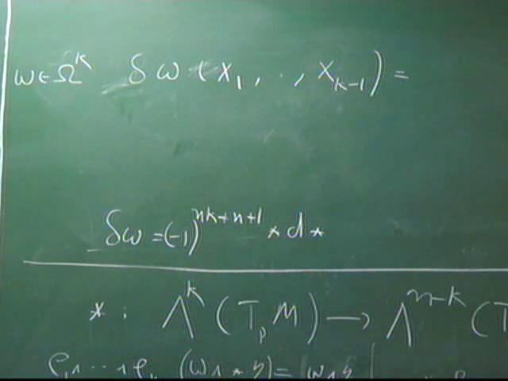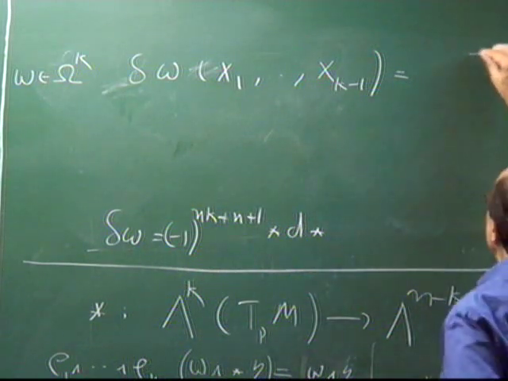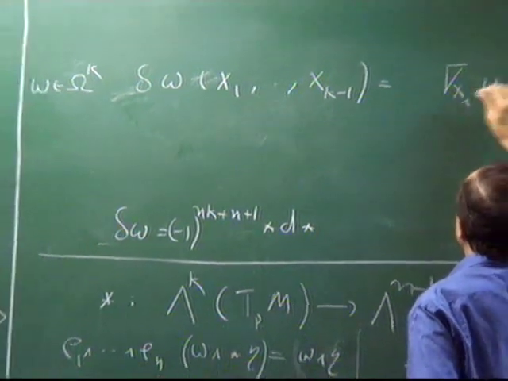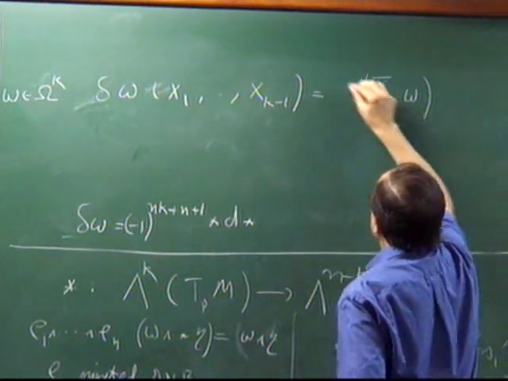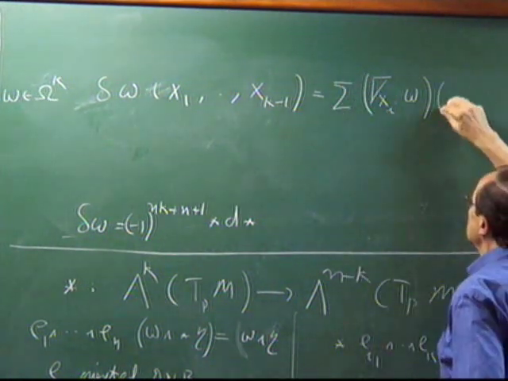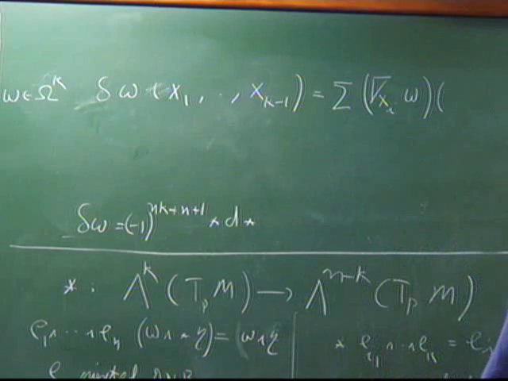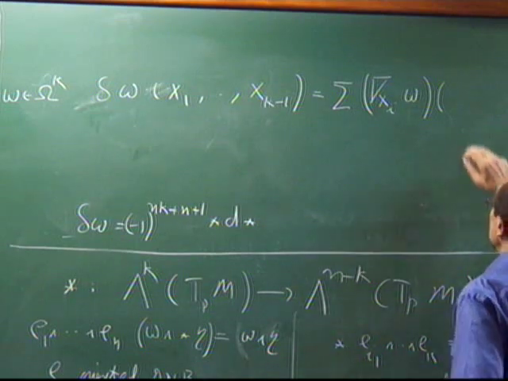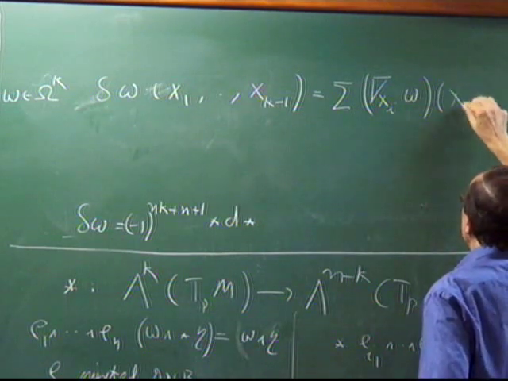It's a K minus 1 form, and it's a contraction of the covariant derivative. I think you just put xi in the first variable.